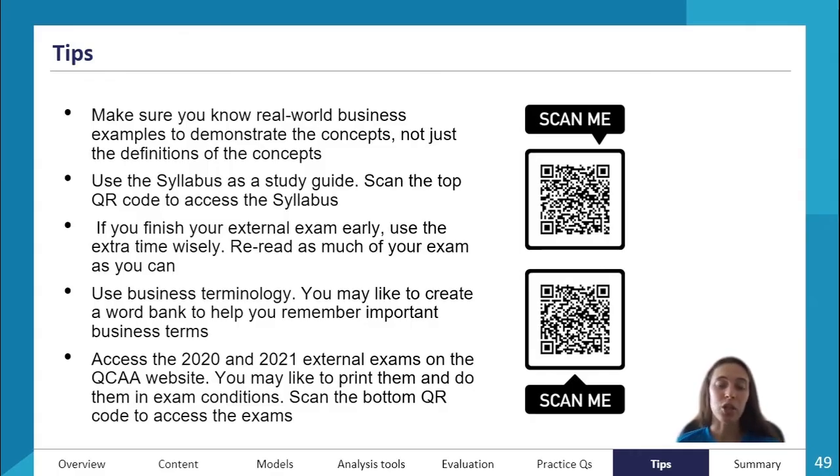And as I mentioned just there, using business terminology. So creating a word bank can be handy as well to help you remember those important business terms, and the syllabus can help you create that too. You've got a glossary in the syllabus and all of the outline of what you need to know for the exam is going to use all the terminology that we've spoken about today.